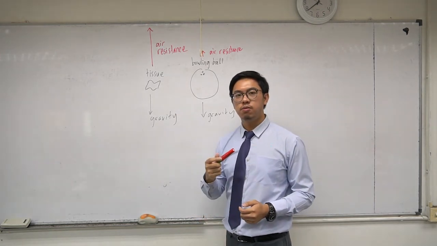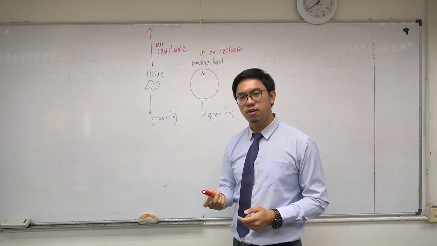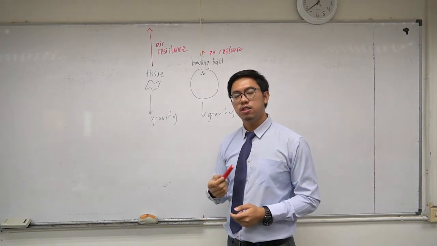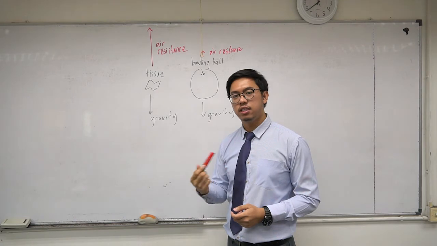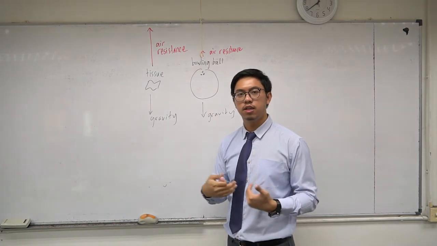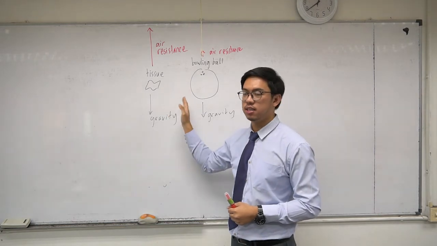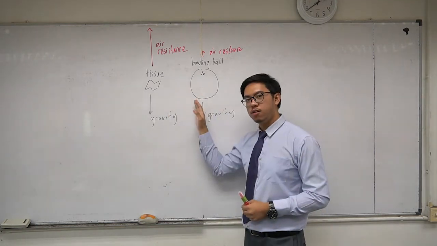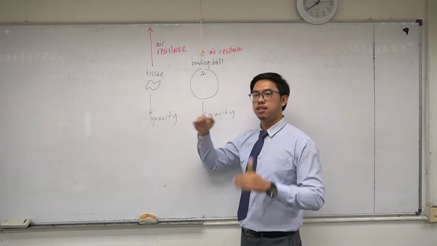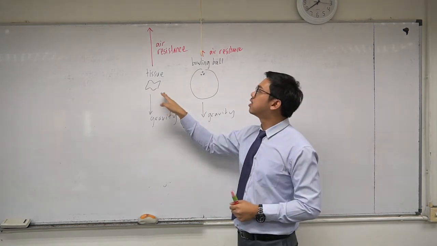I gave you the links to the videos. If you watch the videos that I shared with you, they will explain better what I mean. Things fall at a different rate because of air resistance.